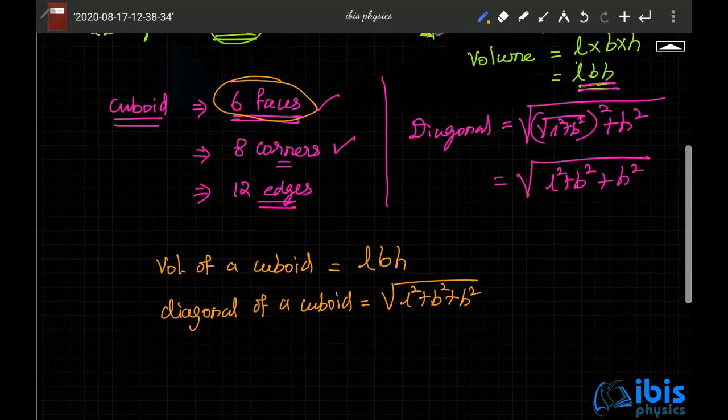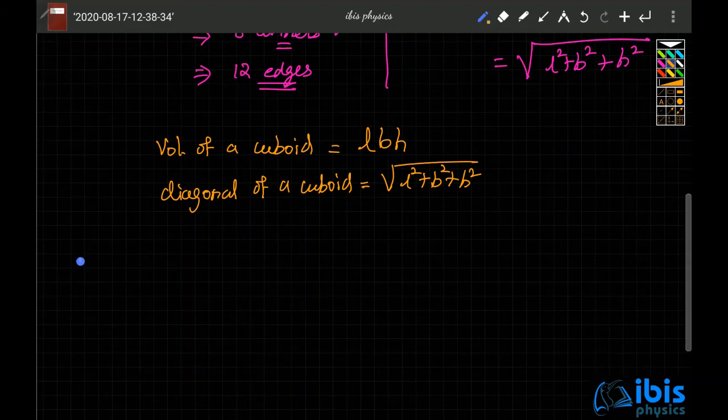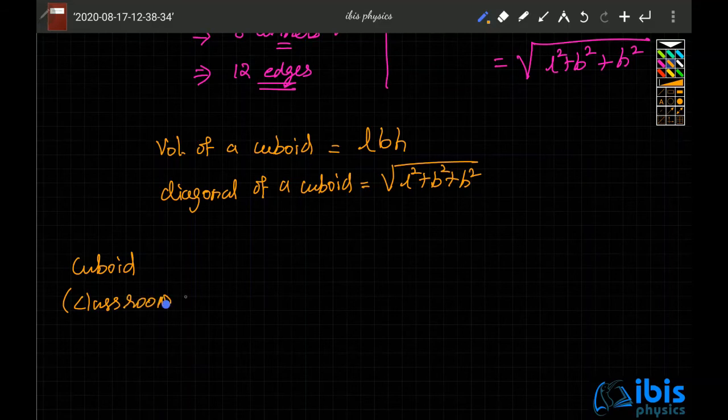So for a cuboid shape, I am giving the example of a classroom. The total surface area is what we are interested in.